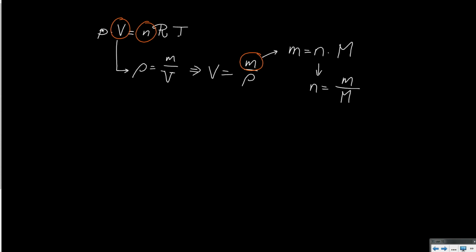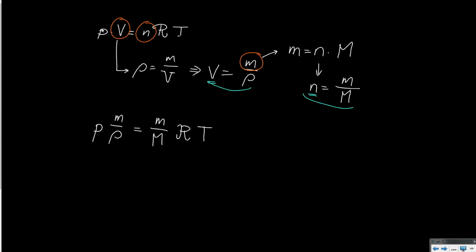Well, this is something that would really help if we use this equation and this equation to replace N and V with these other variables. Let's see what we get then. We say pressure times volume, but instead of volume we now write mass divided by rho, the density. This equals the number of moles, but for that we write the mass divided by the molar mass, and then times the gas constant and the temperature, and this remains unchanged.